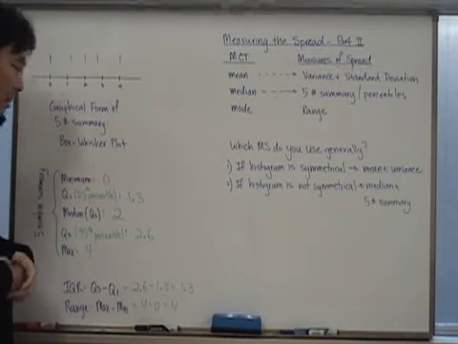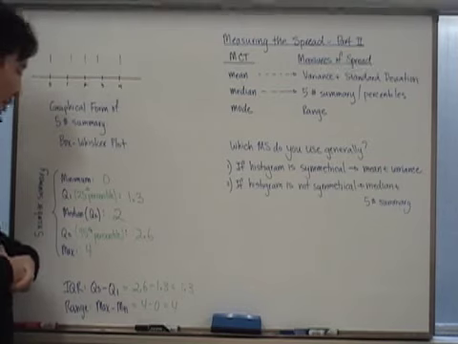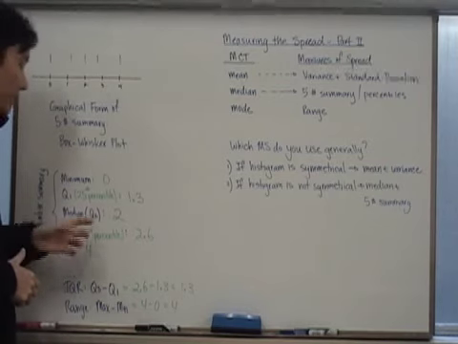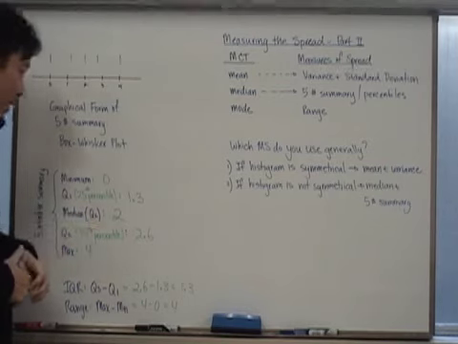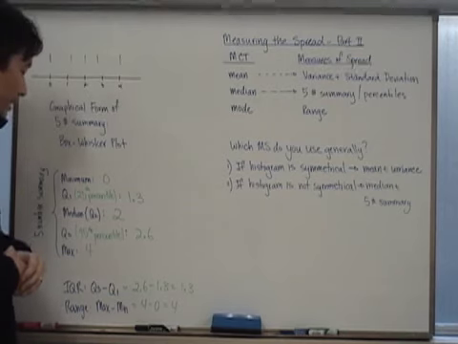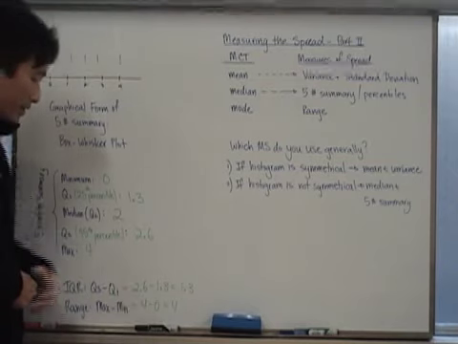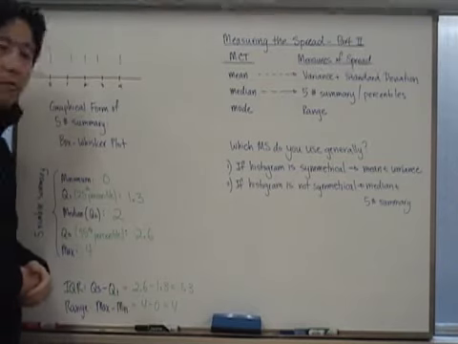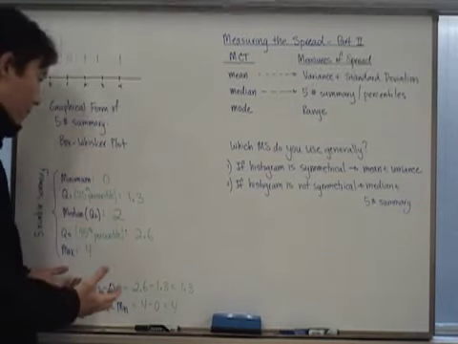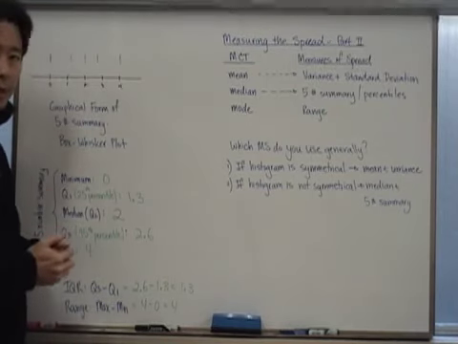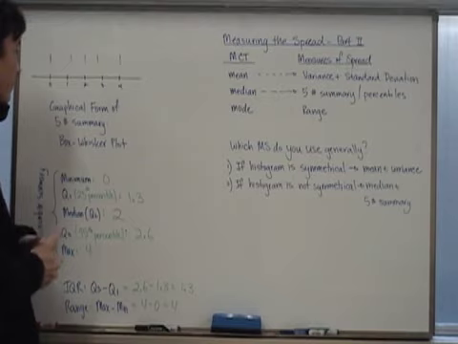We had a minimum of 0, Q sub 1 of 1.3, a median Q sub 2 of 2, Q sub 3 of 2.6, and the max of 4. We also said that the interquartile range was going to be 1.3 and the range was going to be 4. So how do you visually represent the 5-number summary?